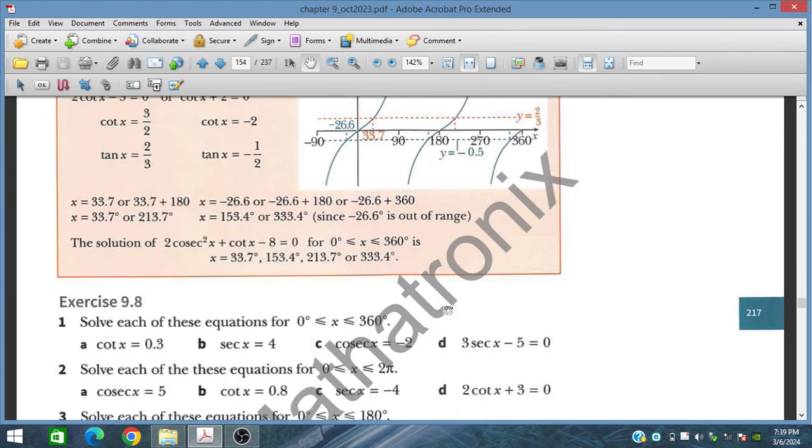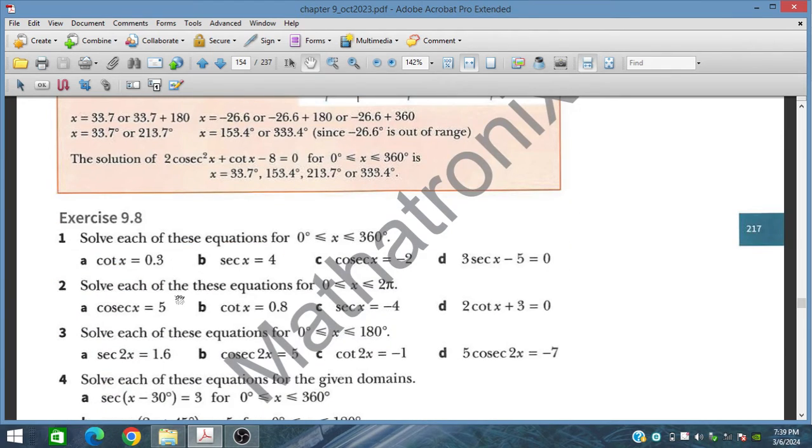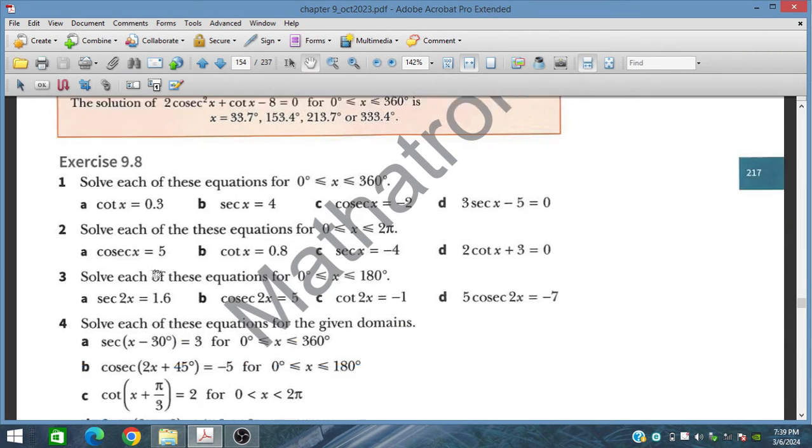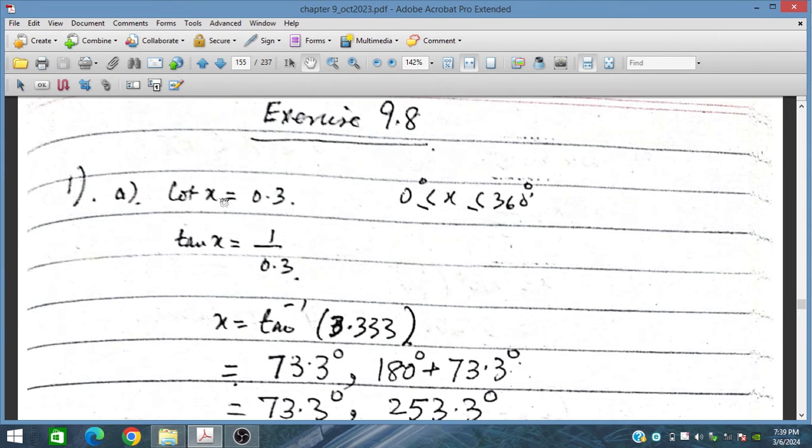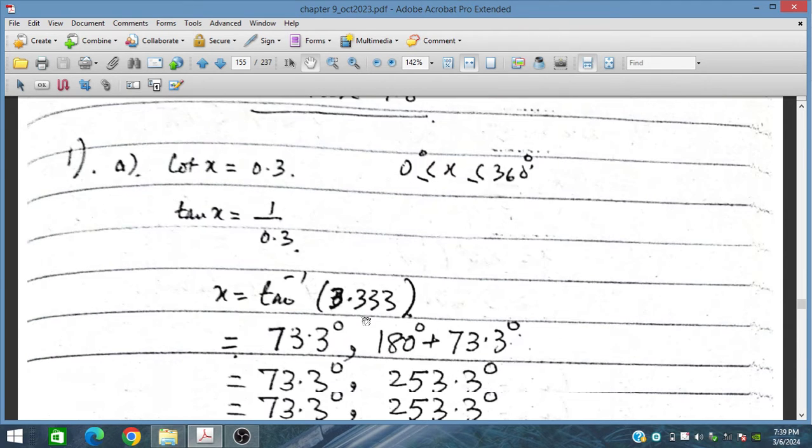Let's solve exercise 9.8. Here we have question number 1. We have cot x is equal to 0.3, and we have to solve it for the range 0 to 360 degrees. Since cot x is 0.3, tan x is equal to 1 upon 0.3, and x is equal to tan inverse of 1 upon 0.3, which is 3.33.